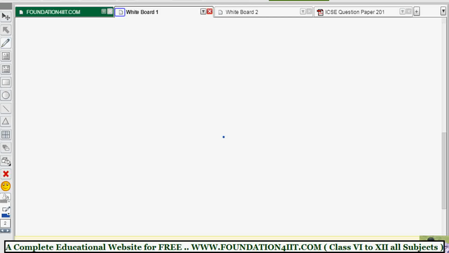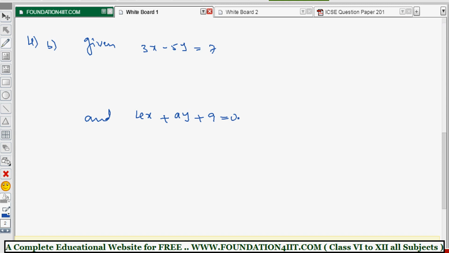Okay, we'll take it. So here are given two equations: 3x minus 5y is equal to 7, and one more equation, 4x plus ay plus 9 is equal to 0, right?